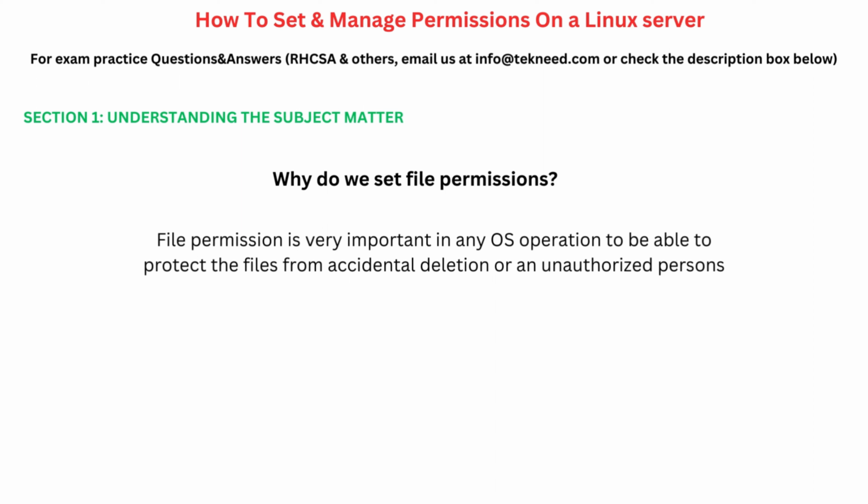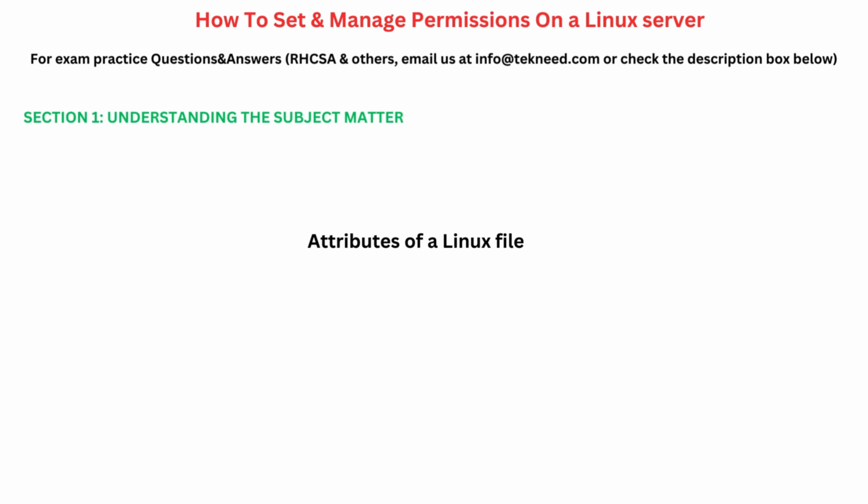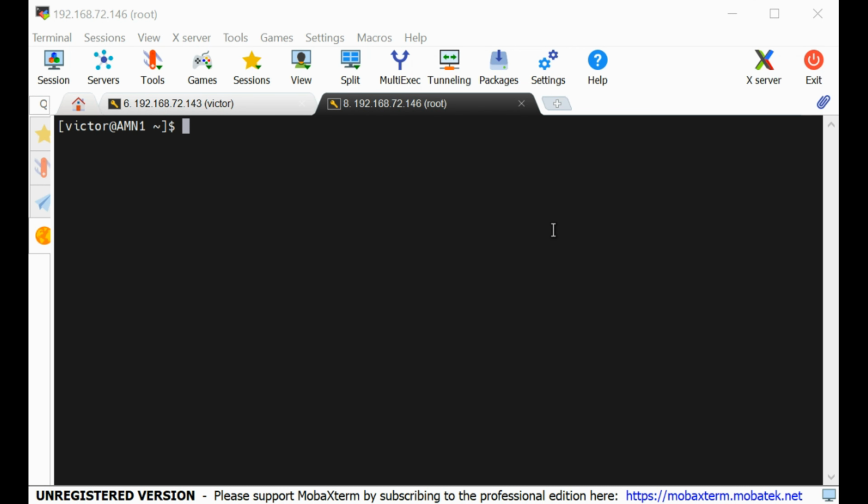To understand file permissions better in Linux, let's first understand the attributes of a file. So let's create a file so that we can understand the attributes of a file. And of course, if you took my Learn Linux from Scratch series, you will understand how to create a file.